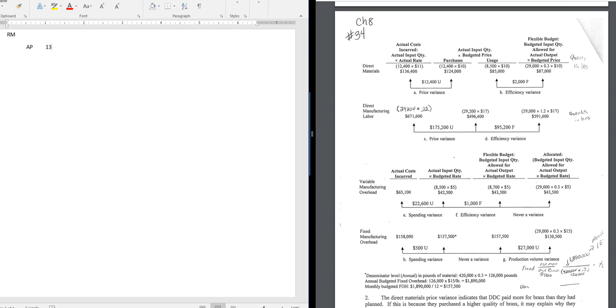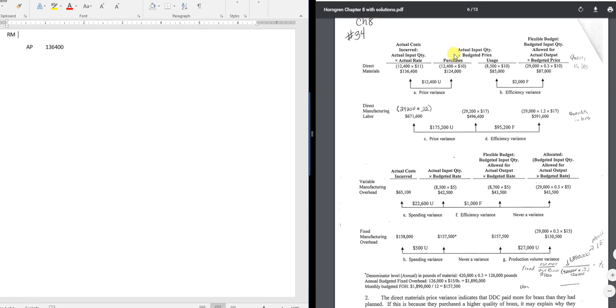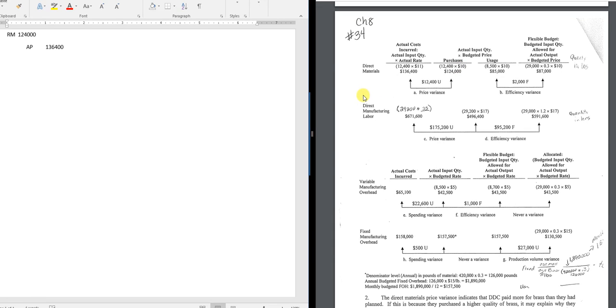So this is $136,400. And I'm going to debit raw materials at the standard price. So I purchased 12,400 times 10 is $124,000. Okay, so now my debits don't equal my credits, and I have a price variance that's unfavorable. Unfavorable variances are debits, so my material price variance should be a debit of $12,400.